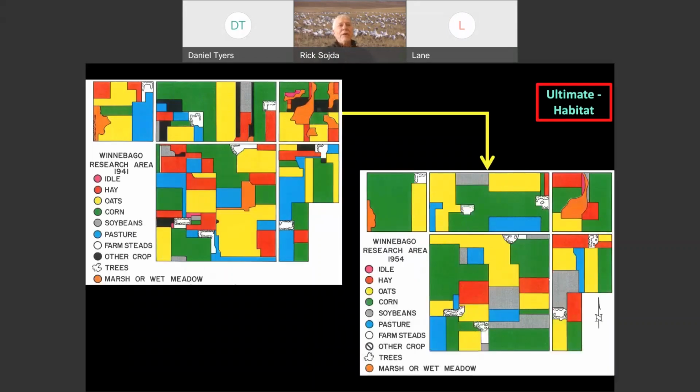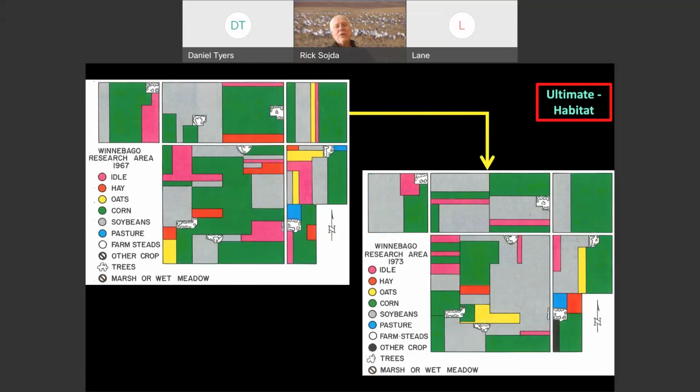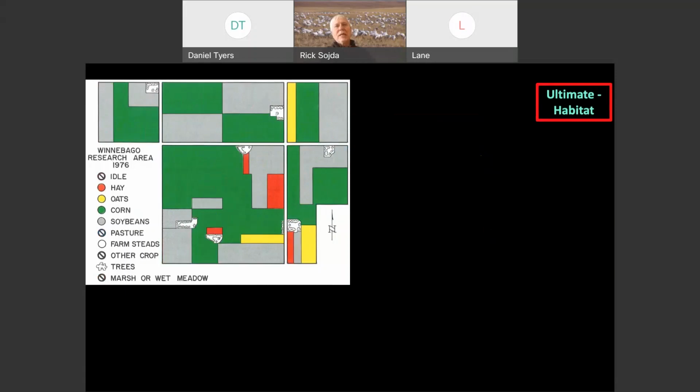This is on that same area. Top left, you've got the research area in 1941. Bottom right, you see it in 54. You're seeing some field consolidation starting to happen, some nesting areas starting to get pulled out. Top left, now you're looking at 67. Bottom right, 73. You're seeing more and more consolidation, larger and larger fields, less and less nesting cover. And then as the study ended in 76, this is what it looked like.